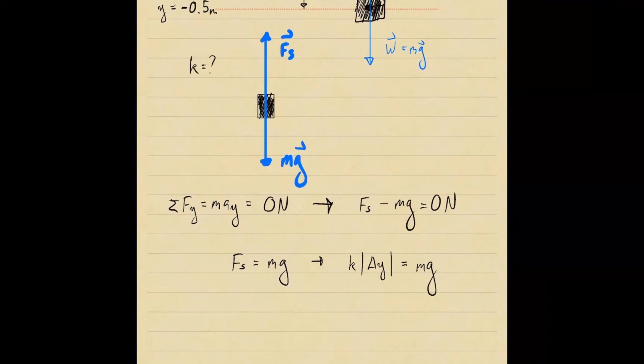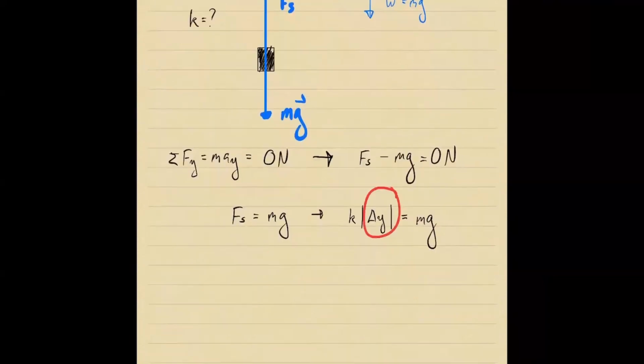And if we want to find k, right, we can divide both sides by the magnitude of our displacement in the y direction. So this gives us that our spring constant k is going to be equal to the weight of the box divided by the magnitude of the displacement in the y direction, right? So now we just plug stuff in. So the mass of the box is 10 kilograms.